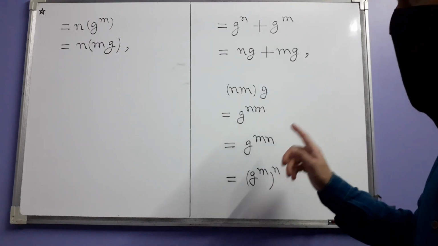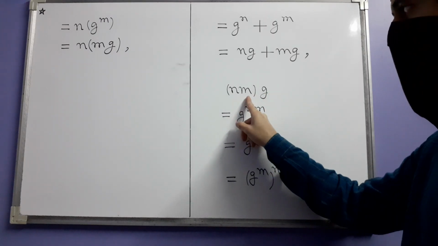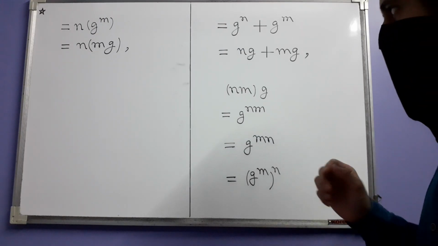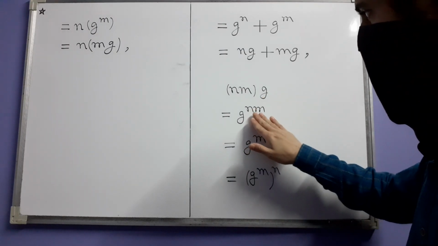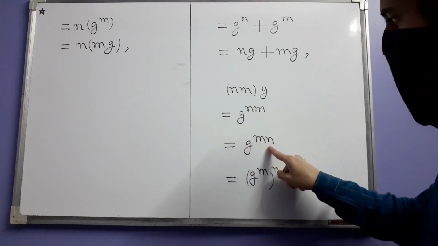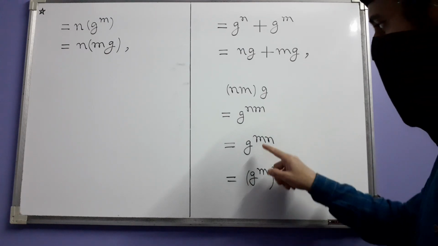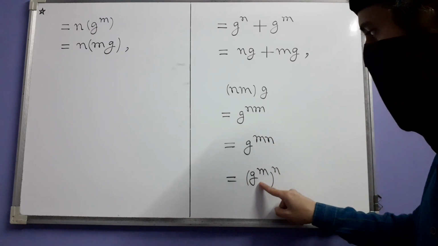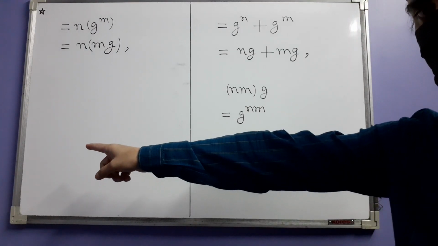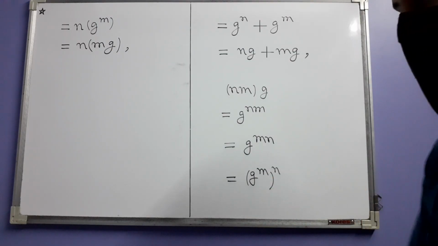So you have the second axiom also verified. And next we have the third one, where we consider nm times g. This nm is the ordinary product of the integers n and m. By definition, this is the nth power of g to the power m. Now in place of nm you can also write mn because ordinary multiplication is commutative. Now from here, how are we getting this one? This is the other law of exponents, the other one that we always have in any group.